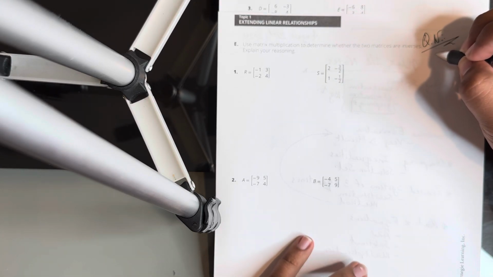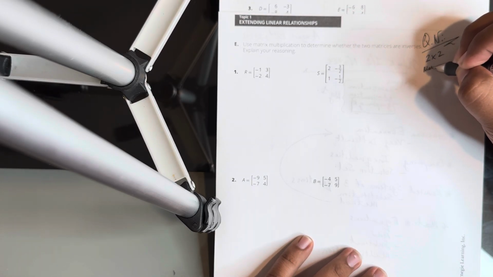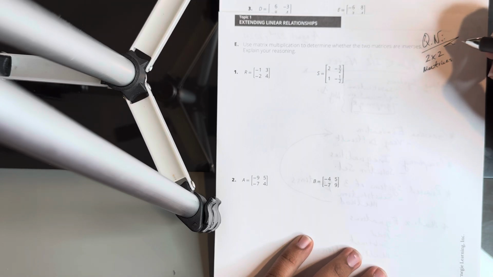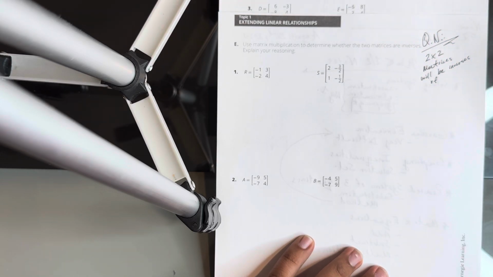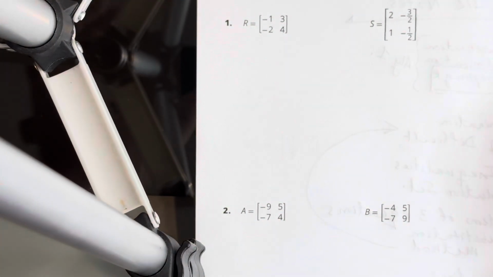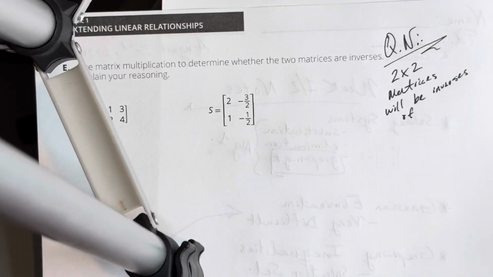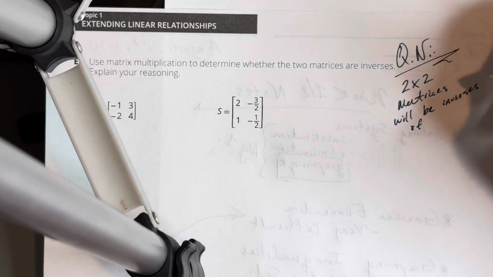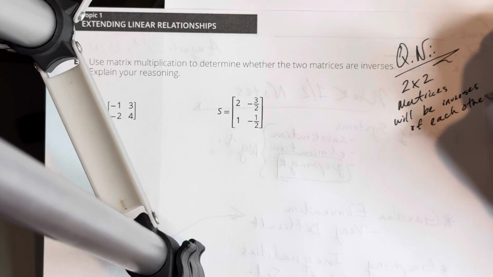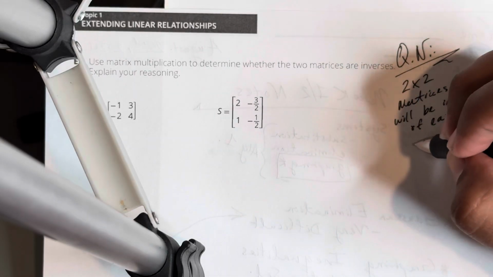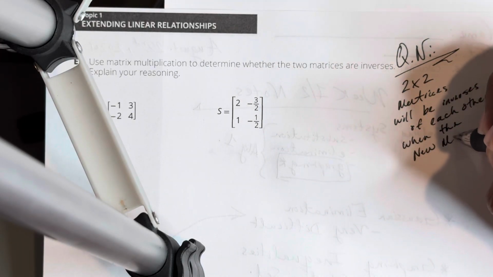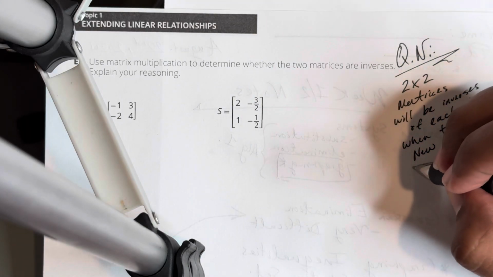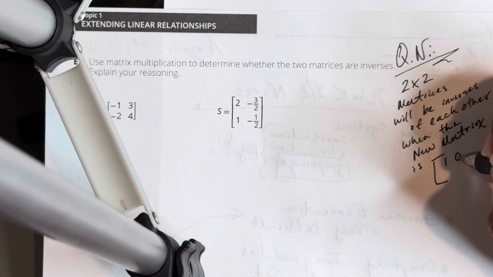When we have inverses of each other, our 2 by 2 matrices will be inverses of each other when the new matrix is 1, 0, 0, 1.